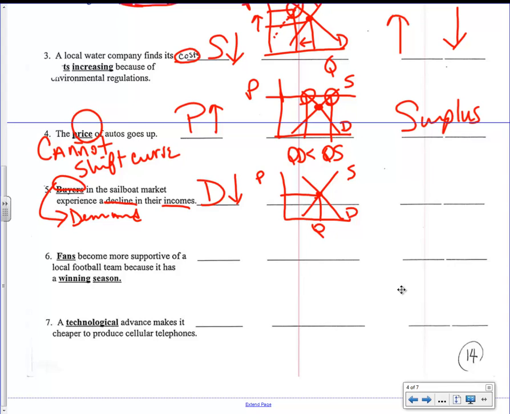We're going to take the demand curve and shift it to the left. Here's our new equilibrium. Price goes down and the quantity demanded goes down. Equilibrium price and equilibrium quantity go down.